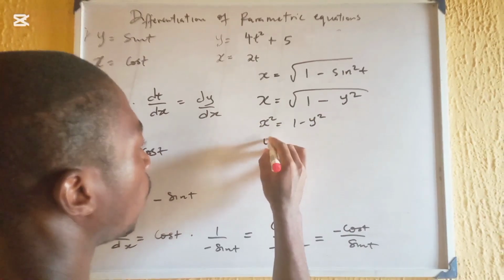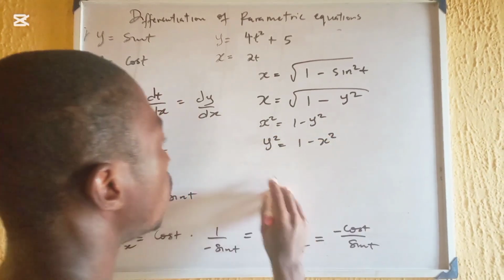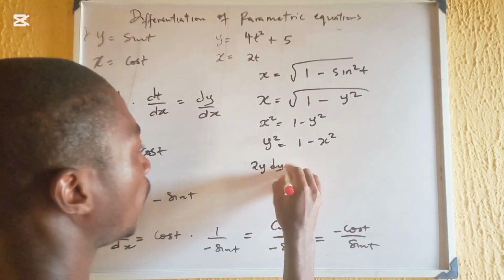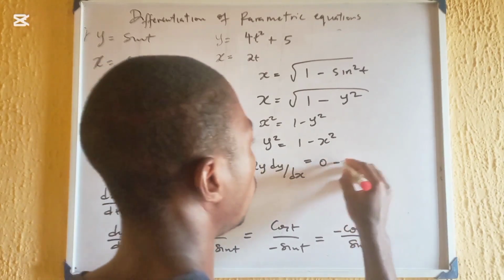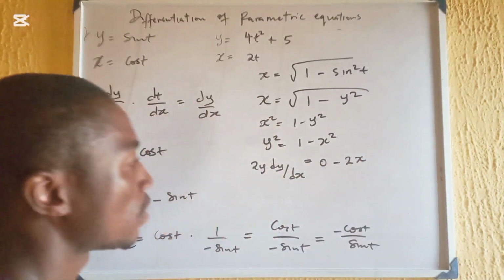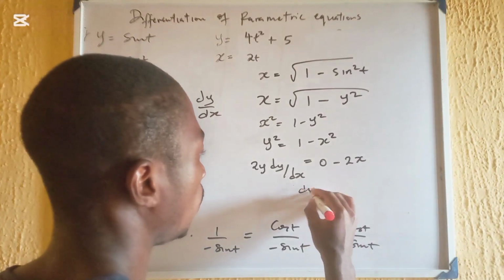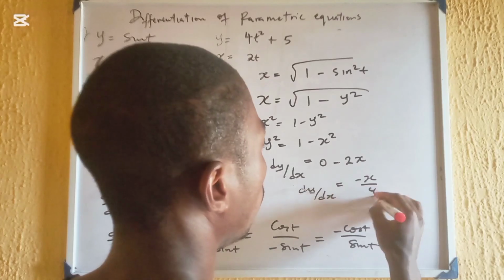And that means that y squared is equal to 1 minus x squared. So when we differentiate, we'll have 2y dy/dx equal to 0 minus 2x. Now we have 2 here, we have 2 here. So dy/dx is equal to minus x over y.